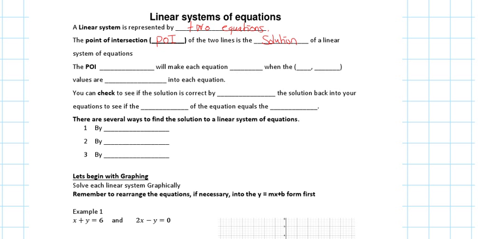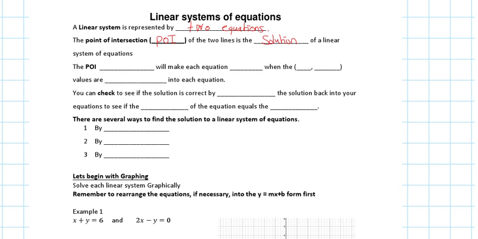You know how we used to solve for x in chapter 1? I used to give you an equation and say isolate for x, solve for x. In this case, we're going to solve for a point, which is x and y. So we're going to solve for the point of intersection.